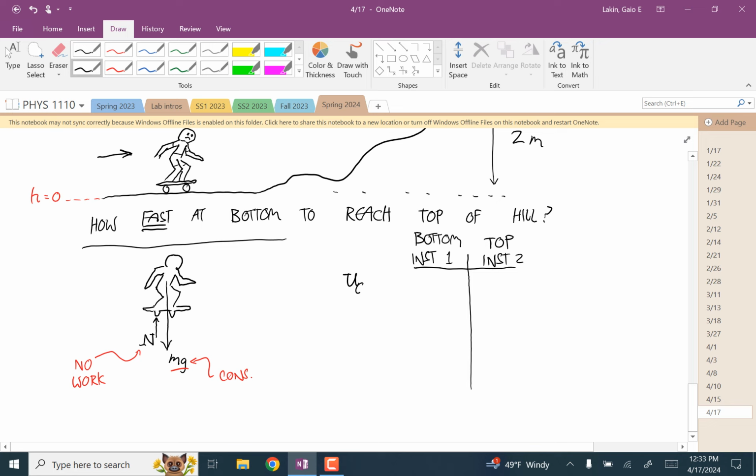So the gravitational potential energy is the mass. All we know for that is we're going to call it m, times 9.81, and times a height of 0. So there's 0 gravitational potential energy.